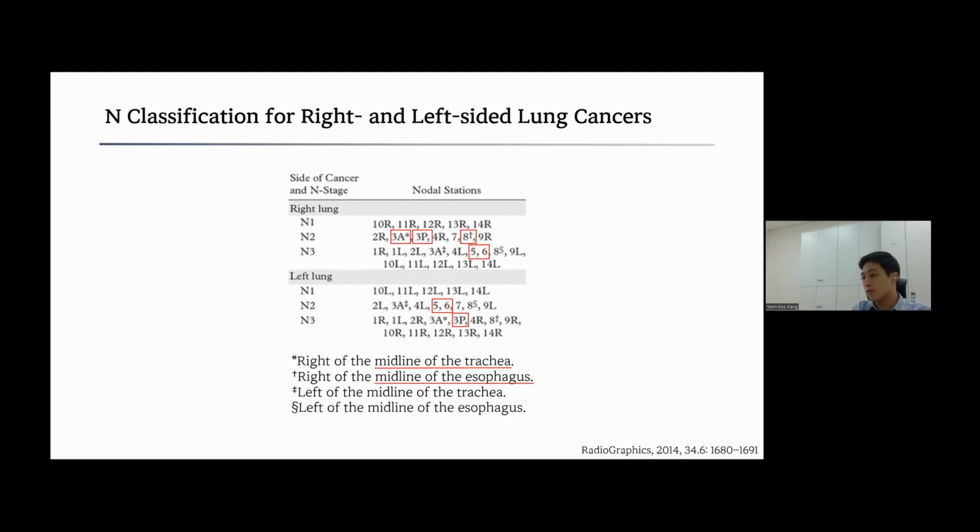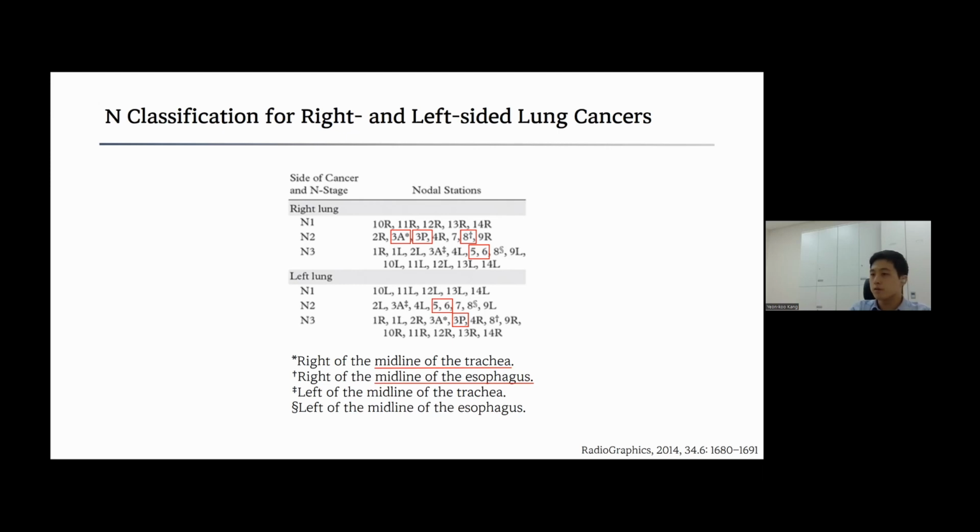In RadioGraphics, there are some practical suggestions about that. They suggest that station 3A should be divided by the midline of the trachea, and station 8 should be divided by the midline of the esophagus. And station 5 and 6 are definitely left-sided, and N2 for left lung cancer and N3 for right lung cancer.